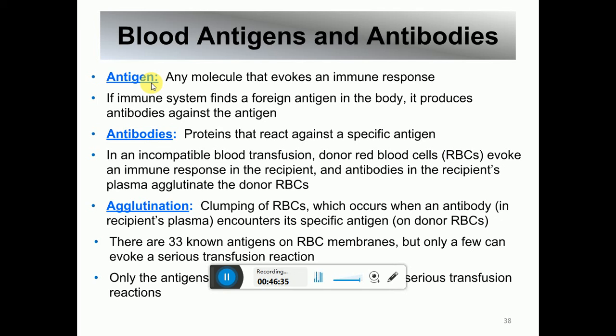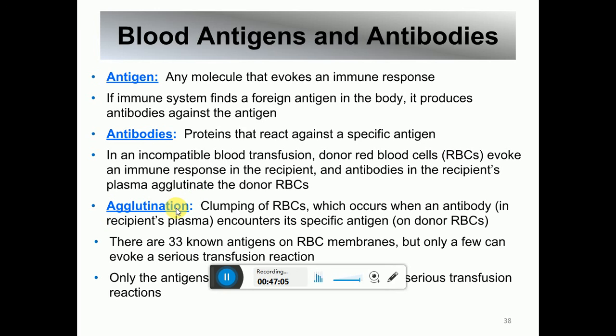Within the ABO system, an antigen is found on the surface of a red blood cell, while an antibody is another protein found circulating within your plasma, in your bloodstream.